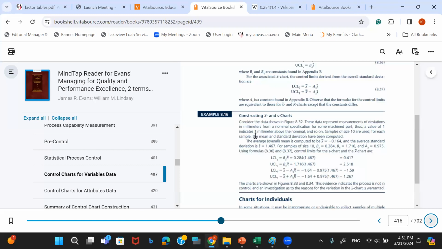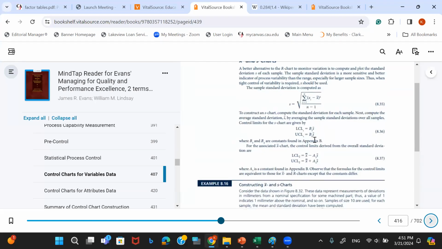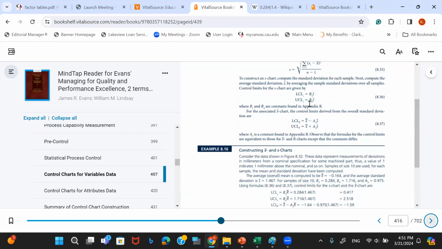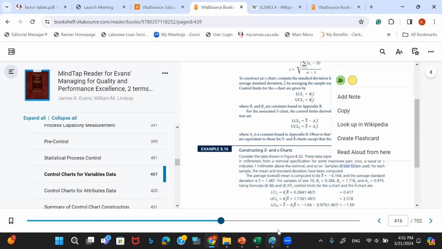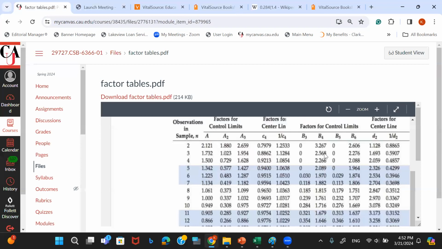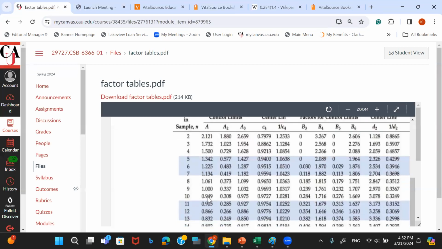What you need to do is know where the equations are. These are the equations for X bar and S. I look at the equation, and I need B3 before I go to the table and find these values for the given sample size. A sample size of 10. So I look at 10 here.